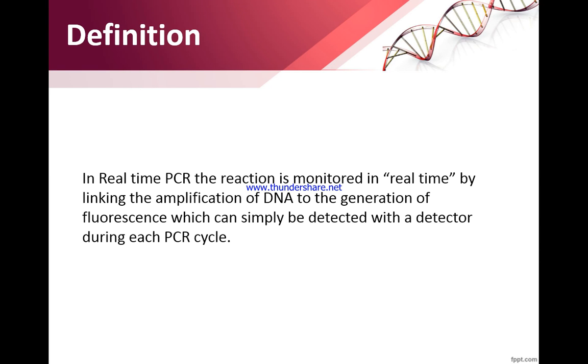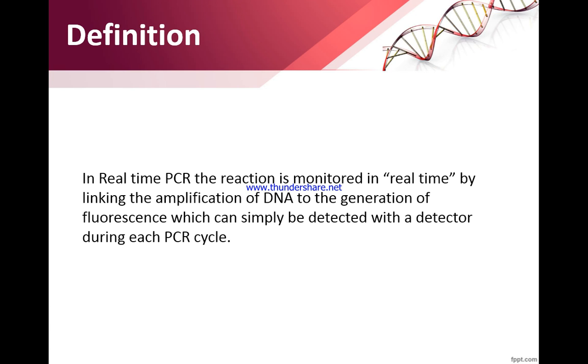In real-time PCR, the reaction is monitored in real time by linking the amplification of DNA to the generation of fluorescence, which can simply be detected with a detector during each PCR cycle. It means that in real-time PCR, we can see whether our PCR process is happening or not.